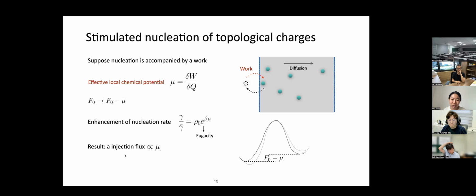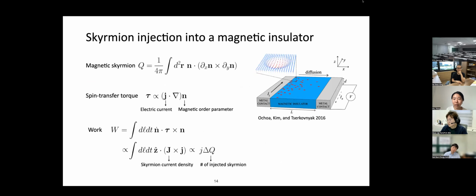As a result, there is a finite injection flux now. And in the linear response regime, this is proportional to the chemical potential we defined from the work. And so there have been some proposals of where this work can come from.